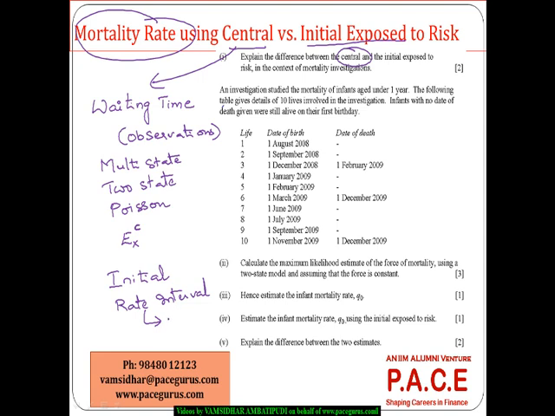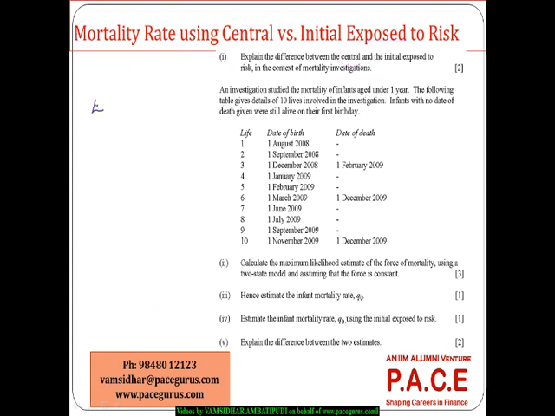That is the reason we generally put it in a simpler way: the central exposed to risk plus the difference in time between the end of the rate interval minus the date of death, for all the participants who are observed to die during this particular period.